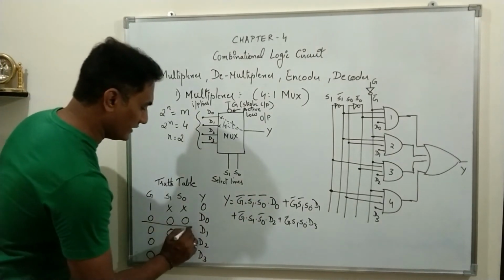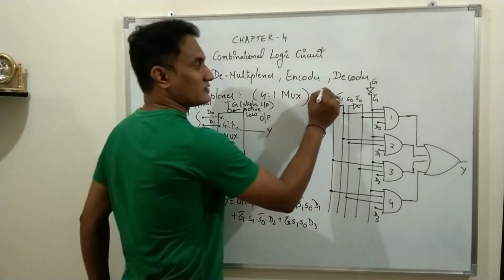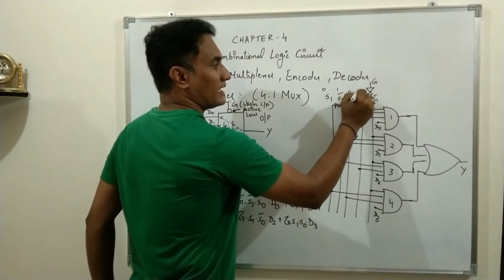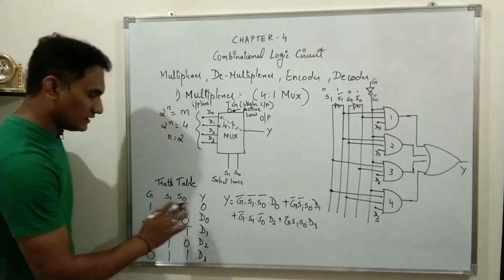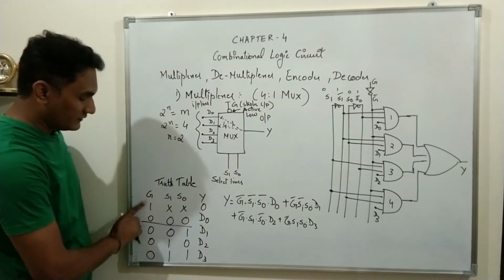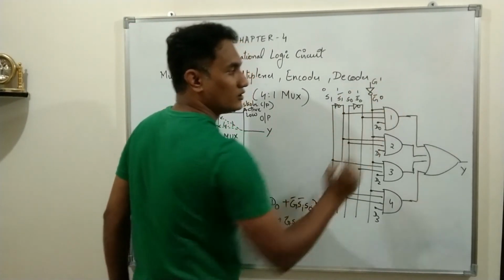Say this is the condition: G 0, S1 0, S0 0. So if S1 is 0, S1 bar is 1. If S0 is 0, S0 bar is 1. And before that, let us try to understand the first condition. What is the first condition? When G is equal to 1. See what happens when G is equal to 1, G bar is equal to 0.